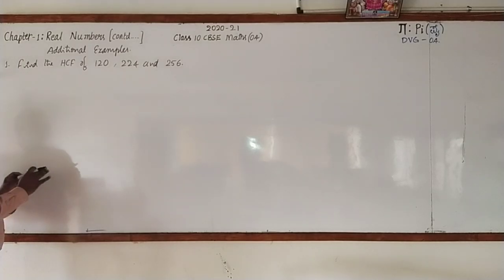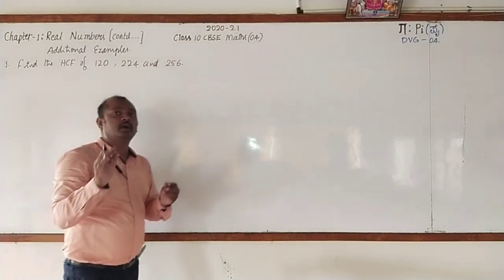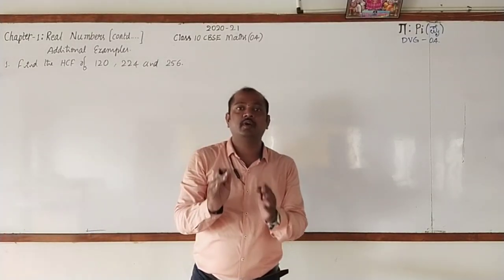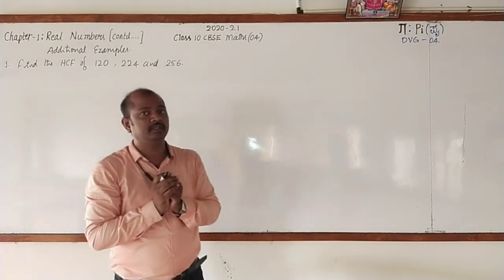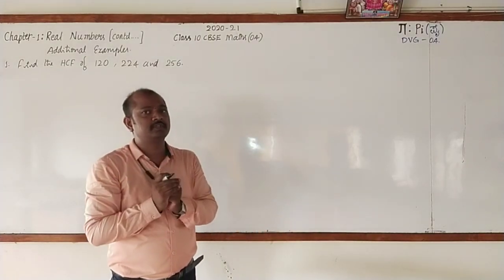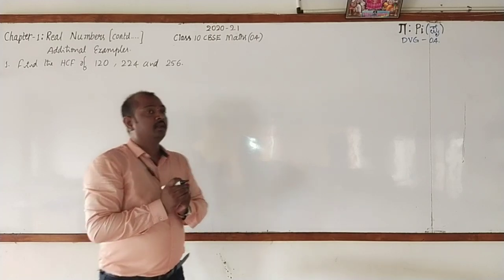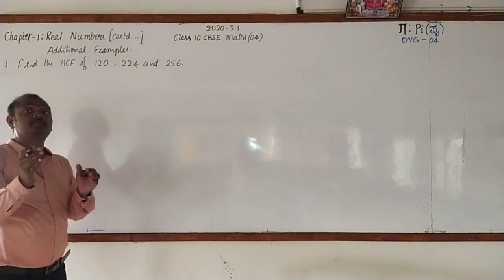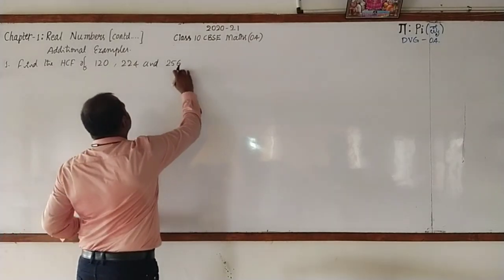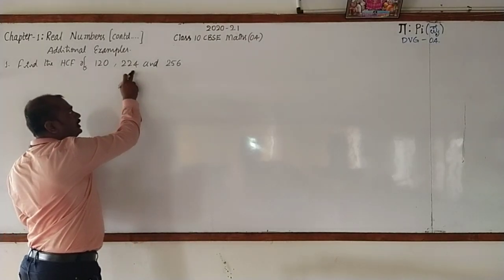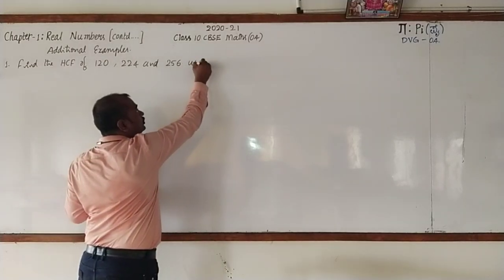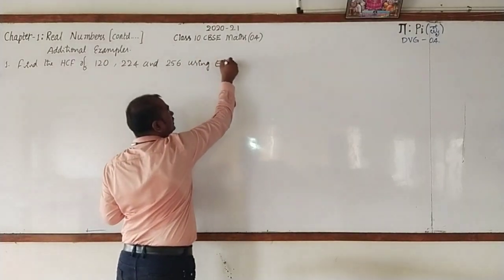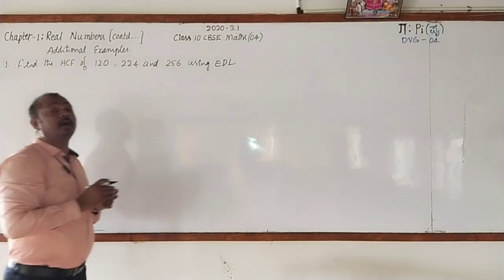Look at it. So far we have learned how to find the HCF of two given positive integers using Euclid's division lemma. Now the question will be asked like this: find the HCF of three numbers, that is 120, 224 and 250 using Euclid's division lemma or algorithm.